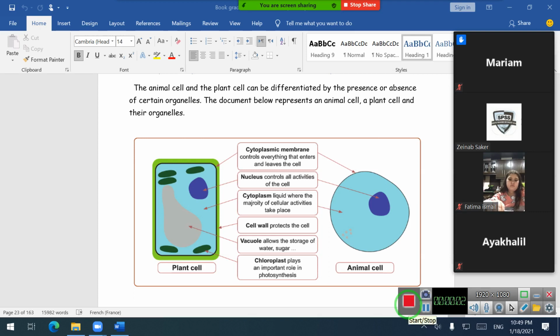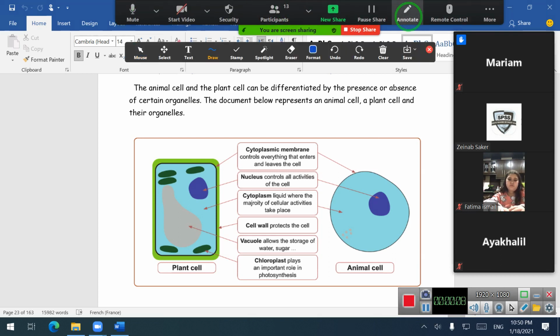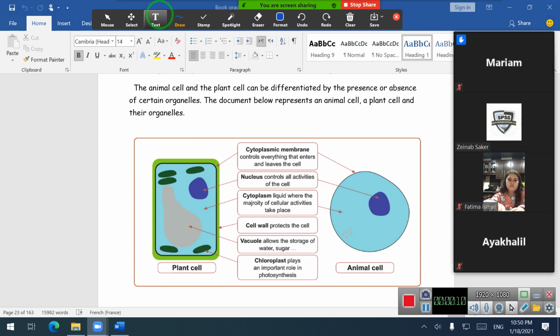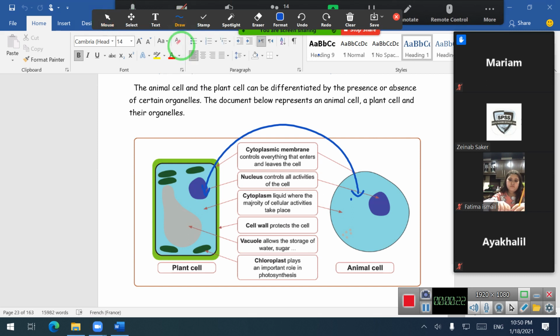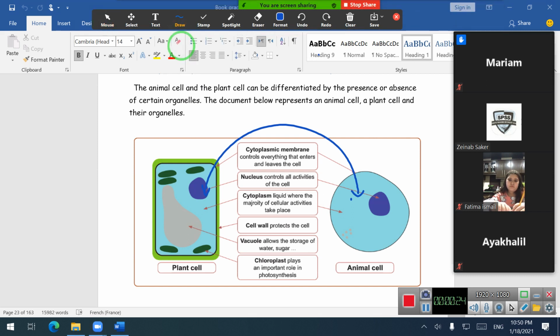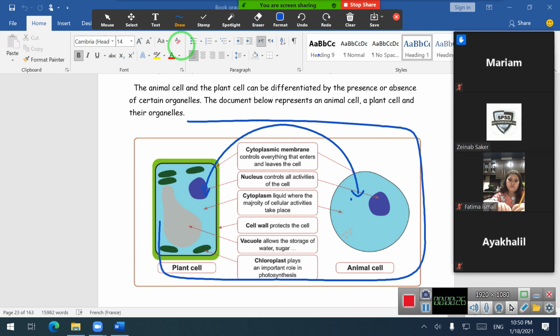Good morning. We are going to continue today about the comparison between animal and plant cells. As we said yesterday, the animal cell and the plant cell can show similar or different parts. These parts are observed in this diagram or in this figure.